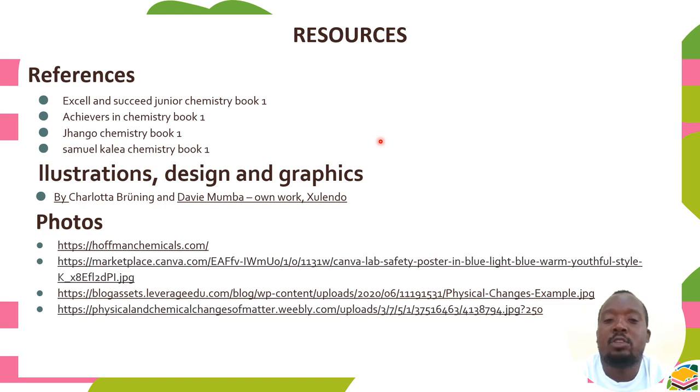I've also used photos, and if you may wish, you can click the links to check the sources of these photos. Don't be limited to these resources. There are so many resources. You can go on the internet. You can also look for more books so that you supplement the information which you have been given.